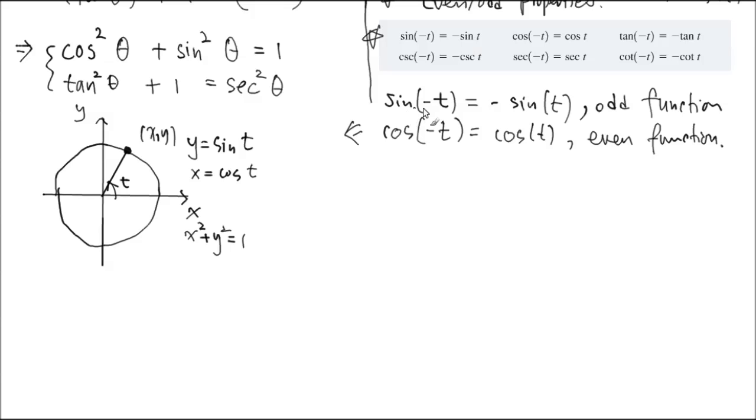On the left-hand side, the angle is negative t, correct? So I want you to locate negative t. If this is t, where is negative t? Which quadrant? Let's say that was 15 degrees. Where is your negative 15 degrees? Fourth quadrant, right?